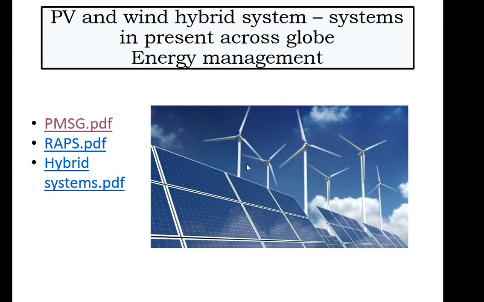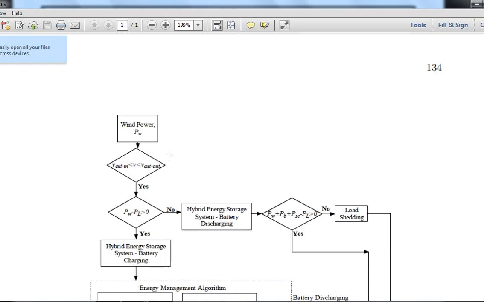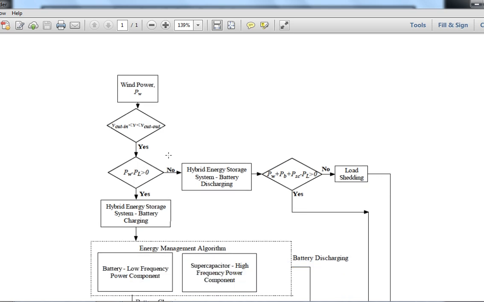Similarly, we have large power systems in terms of RAPS, that is nothing but the remote area power supply. In that case, one control algorithm is there. This is an example of a wind hybrid energy storage with both the battery and the supercapacitor.